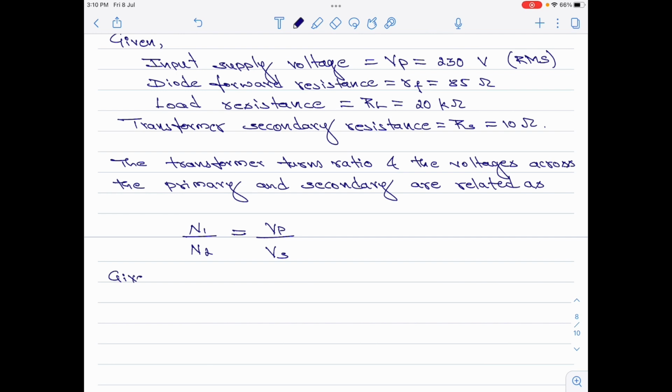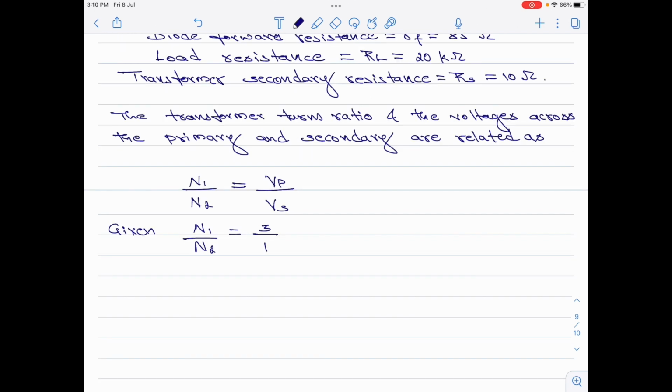It is given that the value of N1 divided by N2 is equal to 3:1, which is 3 by 1. So now I will substitute this into equation 1, which is the relation between the turns ratio and the voltages across the primary and secondary.